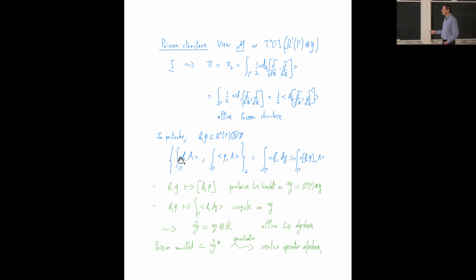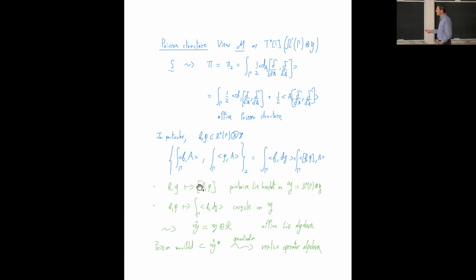I take a test function f, an algebra valued function, pair it with A and integrate, so this is a linear functional of A. Then you take another linear functional with test function g, and take the Poisson bracket using this bivector field. What you get is two terms: one is the pointwise Lie bracket of f and g, and the other is the integral of f paired with the differential of g. Now you should recognize this structure.